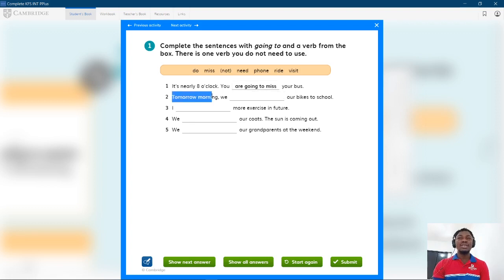Question two. Tomorrow morning, we our bikes to school. So we ride bikes, okay? We ride bicycles. So tomorrow we are riding.